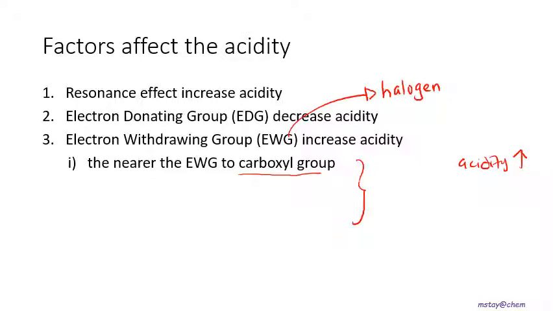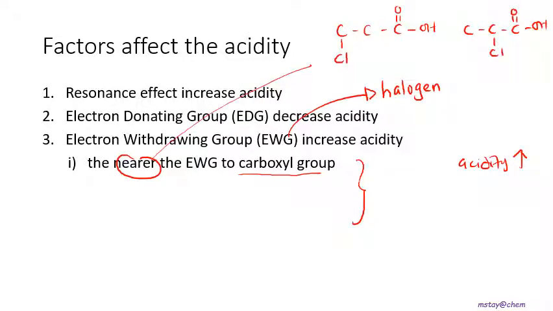Another factor is, for example, if I have CH3, C double bond O, OH, with Cl over here, and in another compound the Cl is here. Between these two, this one is more acidic, because the position of the Cl is nearer to the carboxyl group.